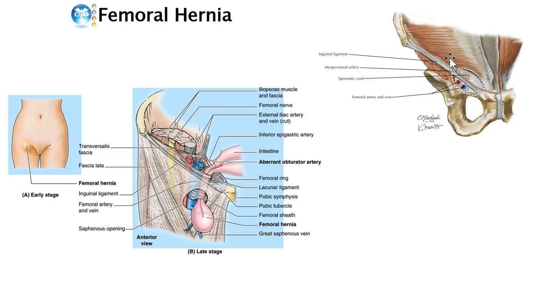And that's typically protruding through the inguinal canal, either up in this region here called the deep inguinal ring, as it passes through the inguinal canal through the superficial inguinal ring, or a direct hernia as it goes right through Hesselbach's triangle or the inguinal triangle.